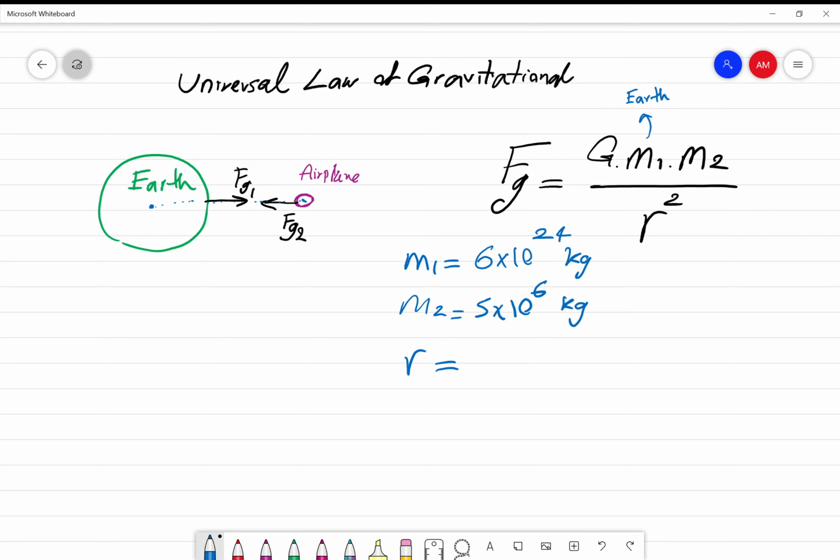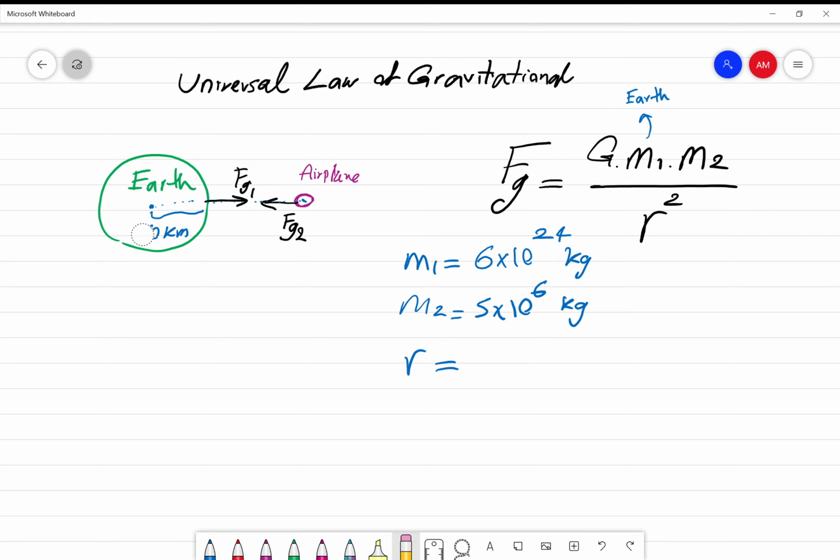The radius of Earth, it means this distance from here to here, is equal to 6,000 kilometers. Again, roughly. So obviously it's not exactly 6,000 kilometers, but I put one.